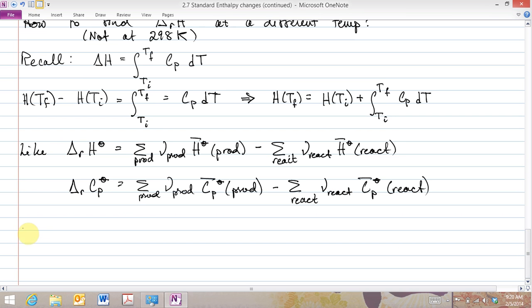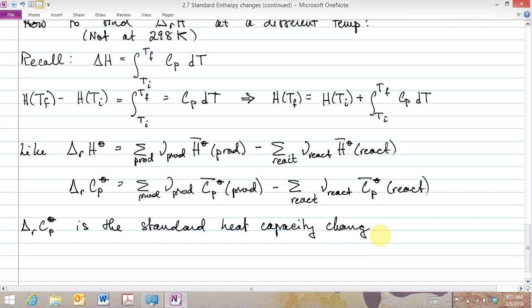And this thing is called the standard heat capacity change for the reaction, which is given in joules per mole Kelvin.